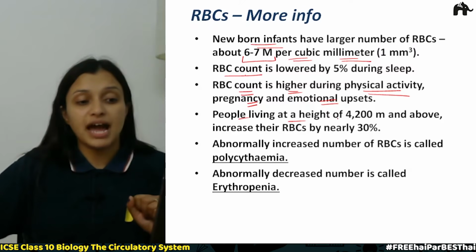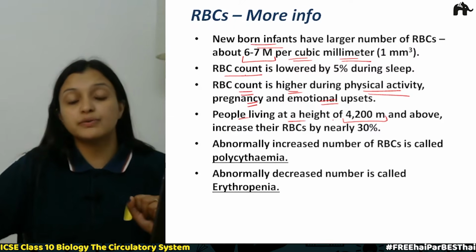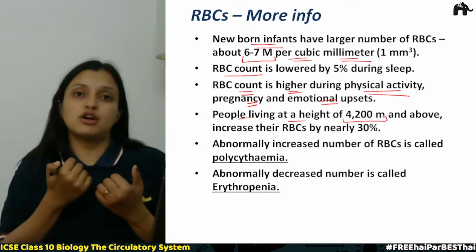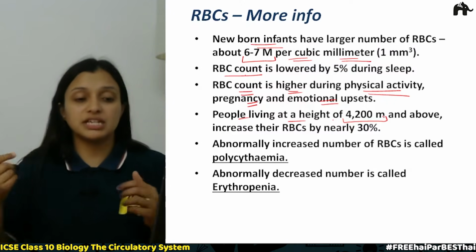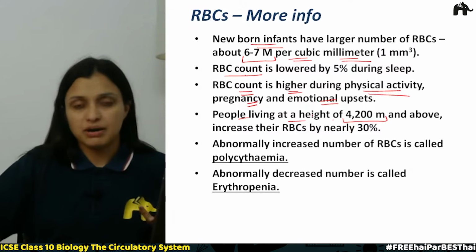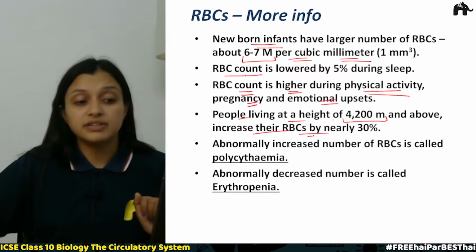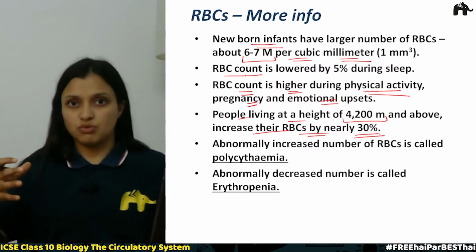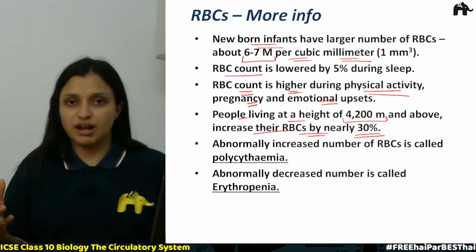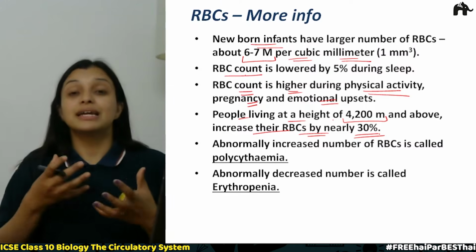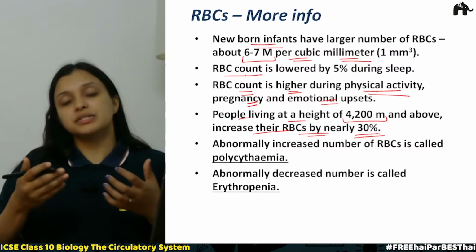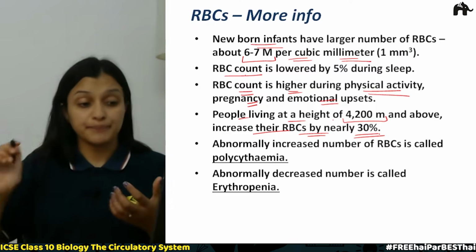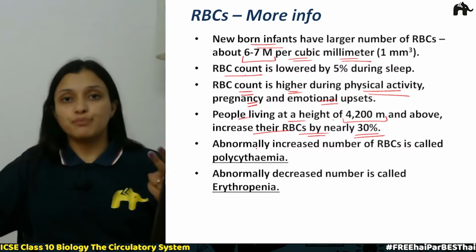Then people living at a height of 4200 meters above the sea level and above, there is an increase in RBCs by 30%, so they need more and more oxygen, right? So they need more and more RBCs. So the RBC count gets increased when a person is at 4200 meters above the sea level or more than that.